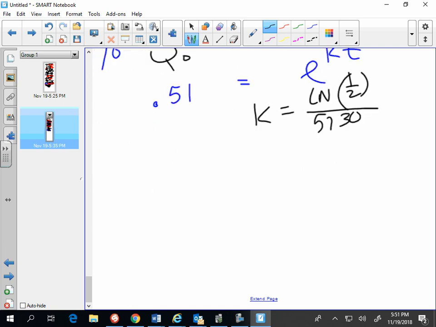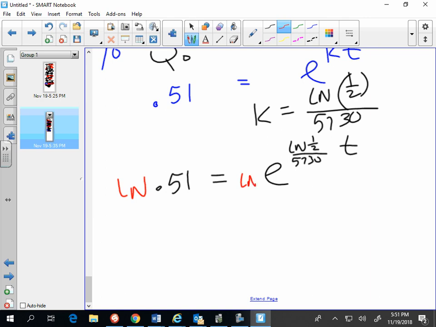Okay, so what do we get? We get 0.51 equals e to the ln of a half over 5730 t. And this is what we want to solve to find out how old this mummy is that has 51% of its carbon remaining. So I'll take the ln of both sides and bring this power down in front.